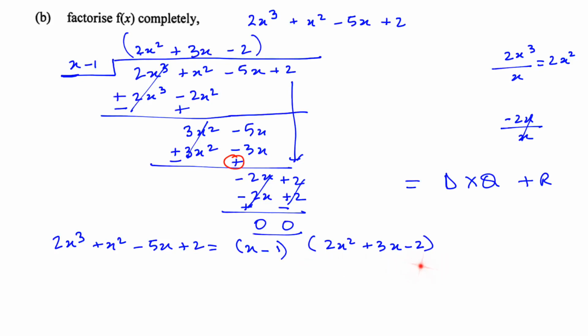It's a quadratic equation. You can use any method you know how to factorize and which your teacher wants you to do. You can use the calculator directly, and when you use the calculator, you will get x is equal to -2 and x is equal to half.